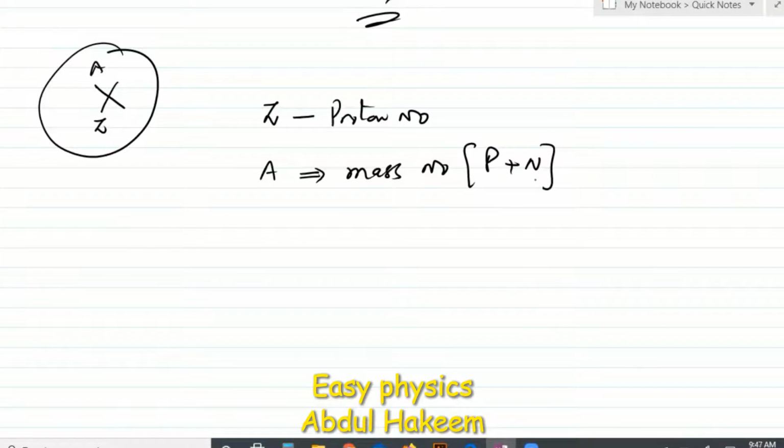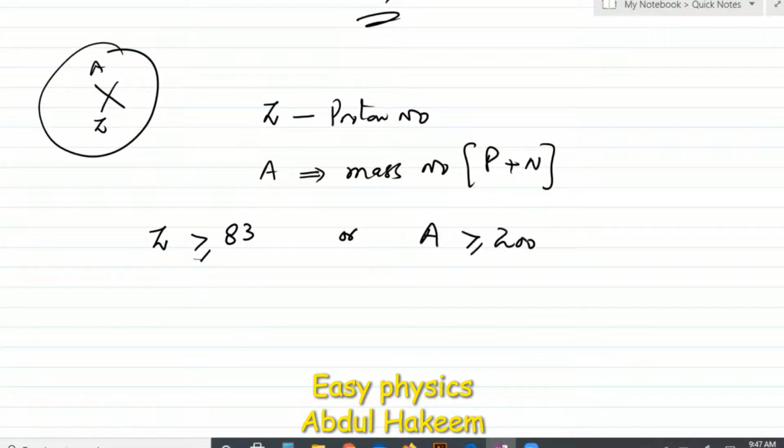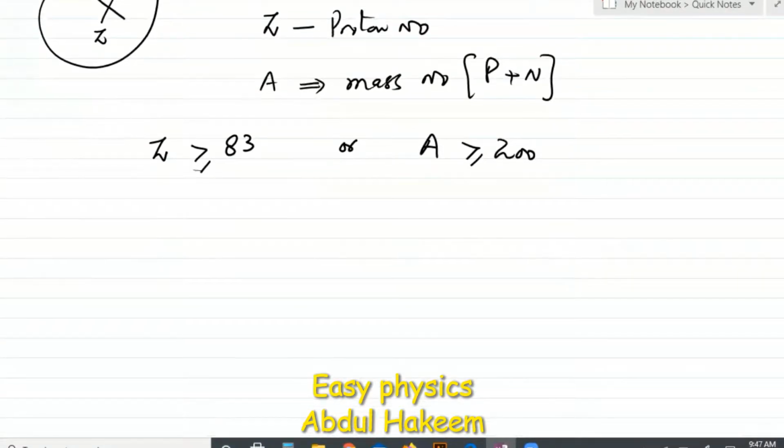Now, if in any nucleus, in any atom, this Z is greater than or equal to 83, or the mass number is greater than or equal to 200, then the nucleus, the atom, is called unstable.